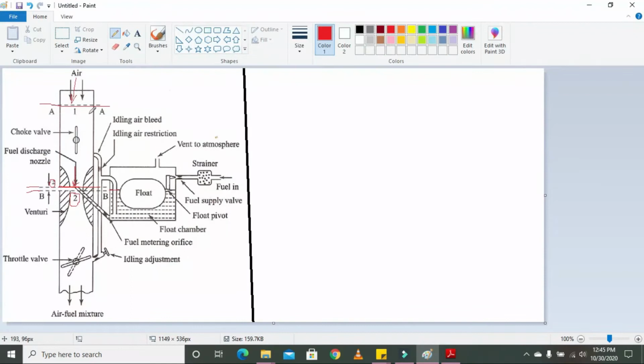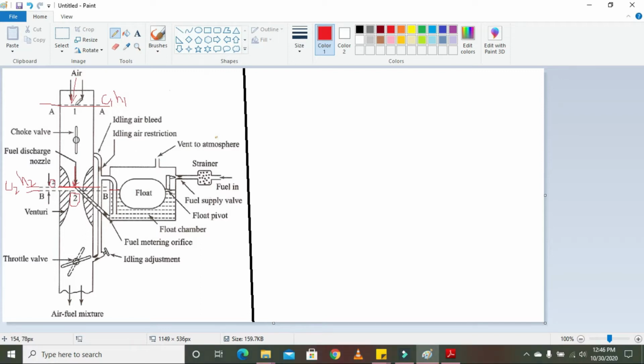At this section the velocity is C1 and enthalpy is H1. At section 2 the velocity is C2 and enthalpy is H2.